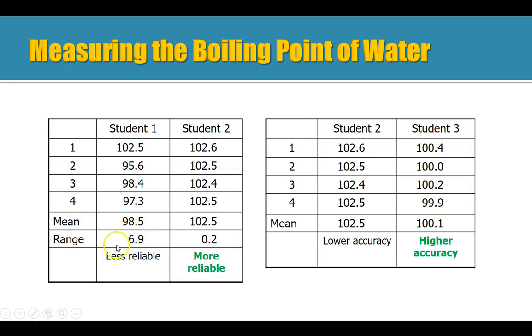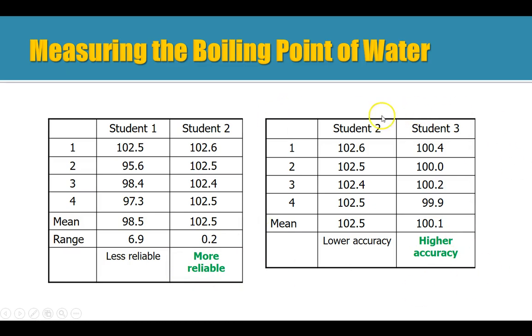They have a range of 6.9 degrees Celsius, which is huge in comparison to student 2, which has a range of 0.2. So student 2's data is more reliable because they have less scatter. Range here indicates scatter. So student 1 has high scatter, low reliability. Student 2 has low scatter and therefore high reliability.